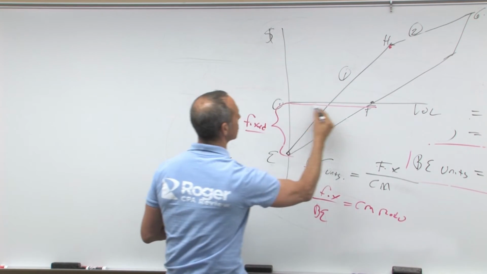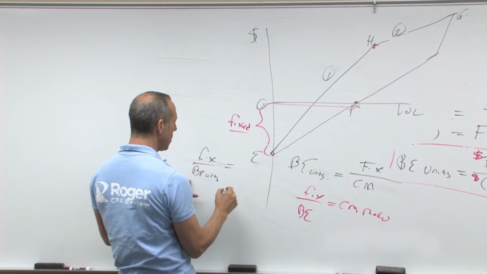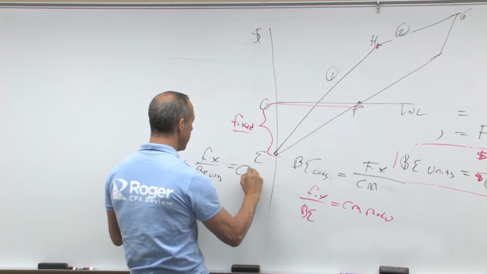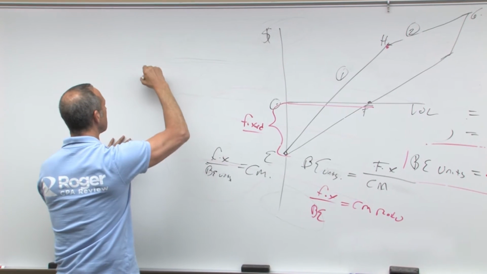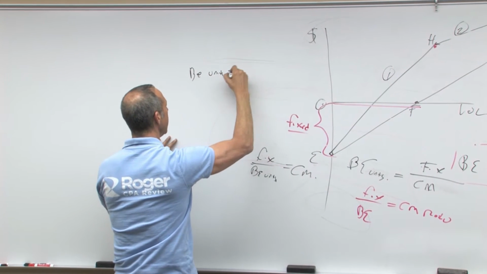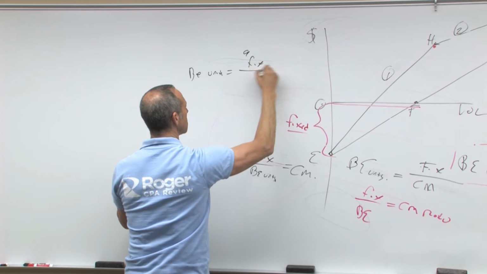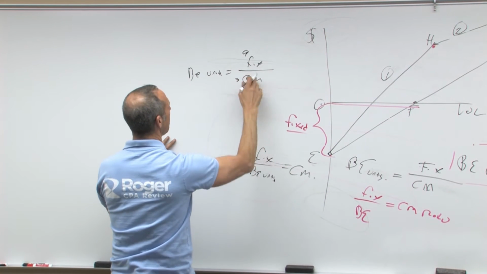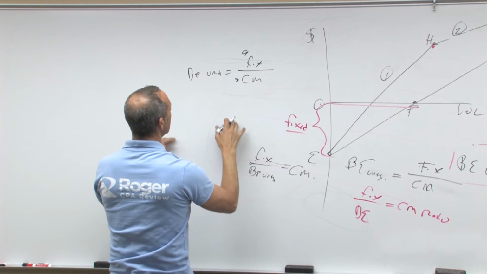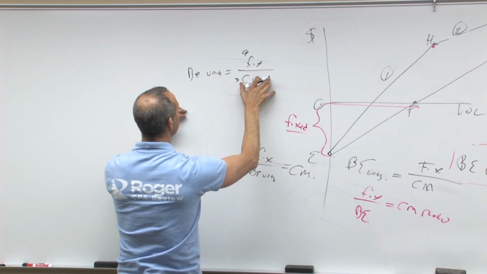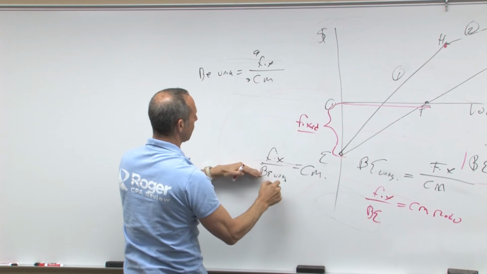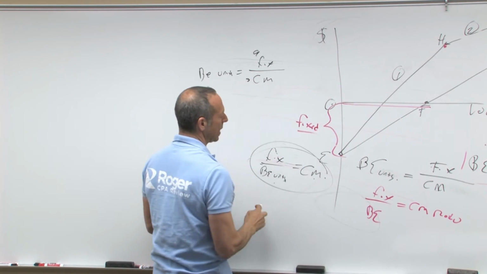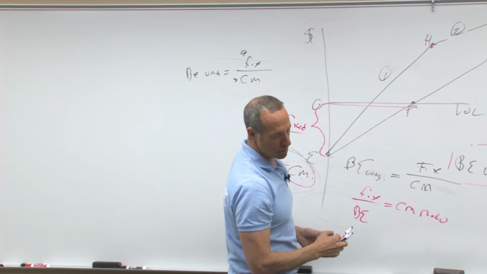I was thinking it was dollars, but it's volume. That would equal your CM, because break even in units equals fixed dollars over CM dollars. If we multiply each side by CM and divide each side by break even in units, you end up with fixed over break even equals CM. So it must be CM, contribution margin.